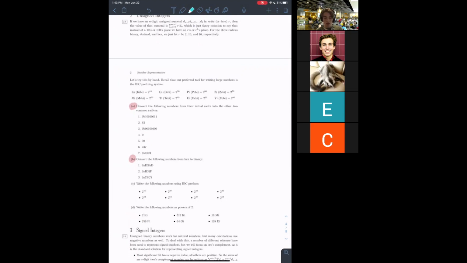Let's do 1, 5, and 7 on 2A, where you're going to be converting this binary, decimal, and hex number into the remaining two radices.